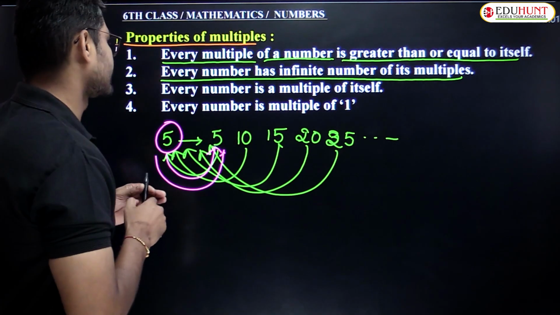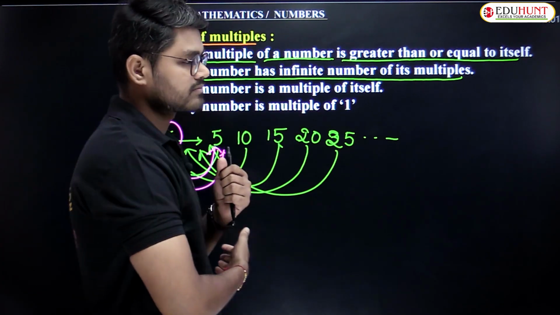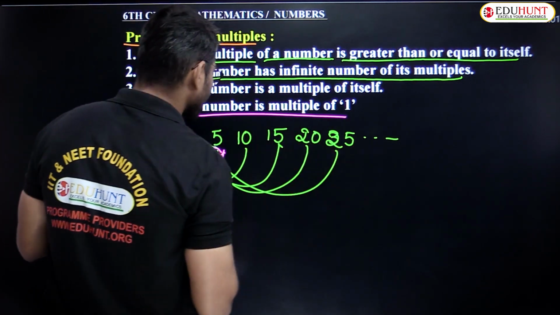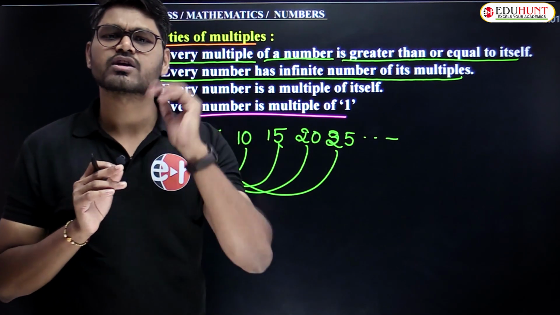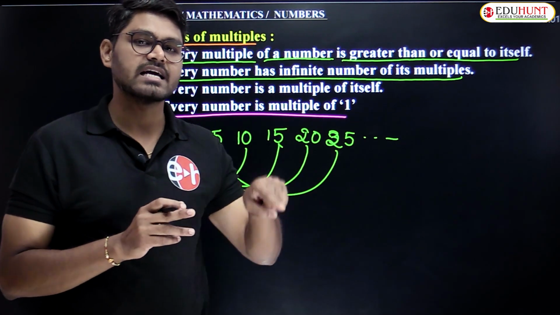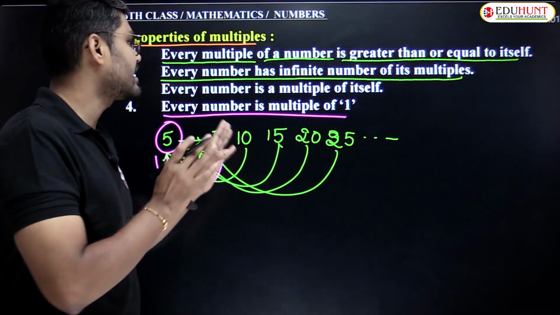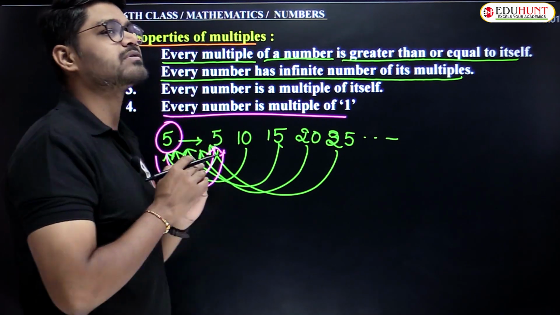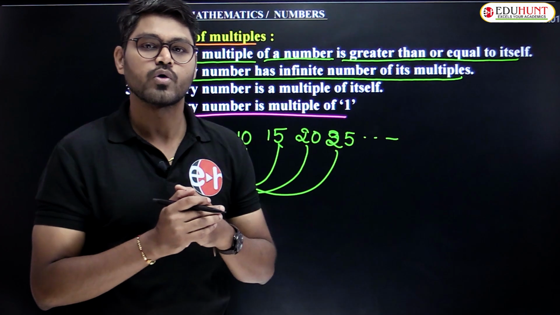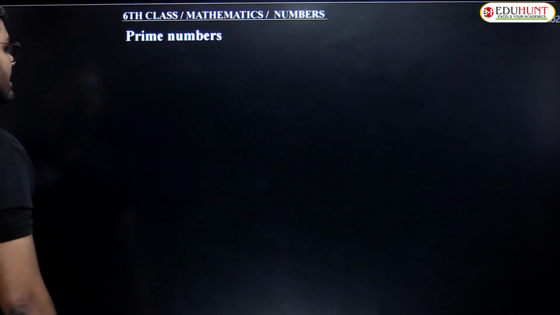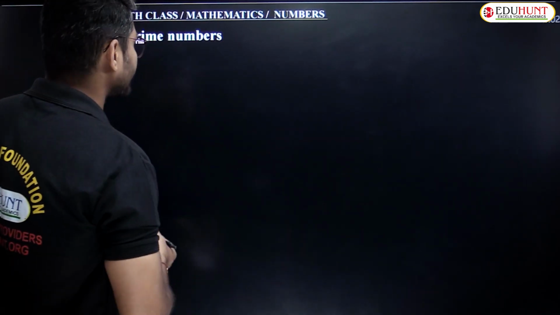Both are the same point. Every number is a multiple of 1, since in the 1 table we get every number, and 1 is a factor of every number. While teaching these properties of multiples, I am comparing them with the properties of factors, so that we can understand better. Let's move on to the different types of numbers.